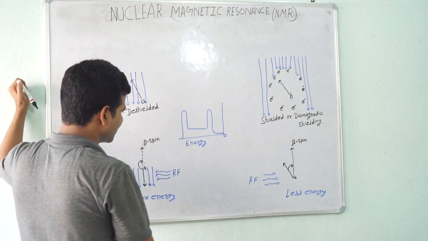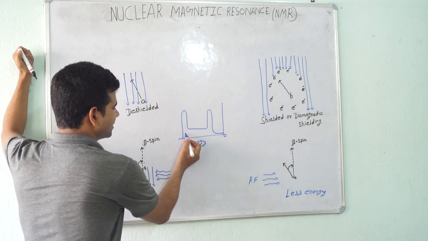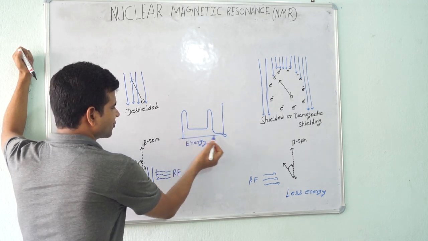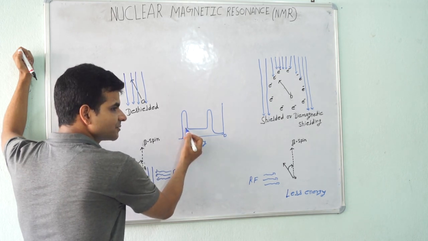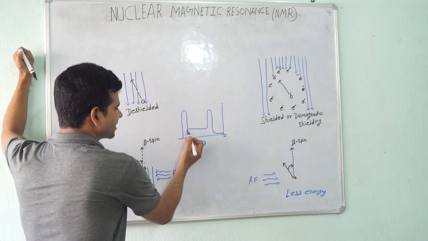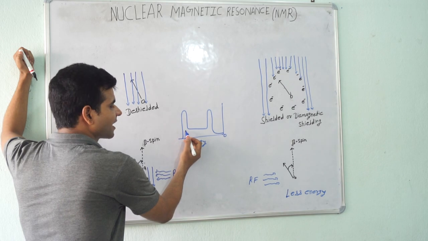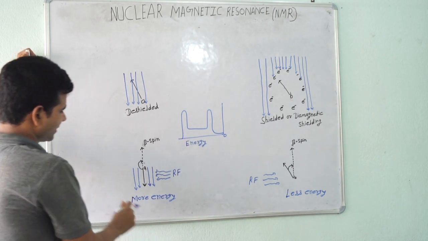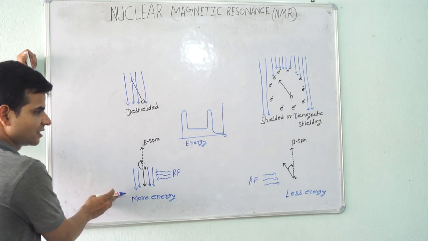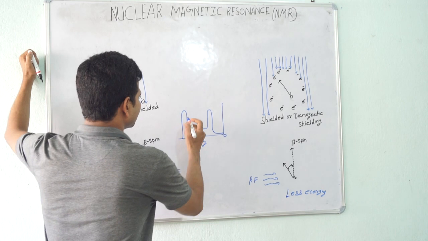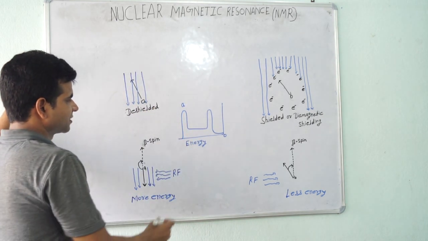This peak which is away from the 0 mark represents the hydrogen atom which has taken more energy to go into beta spin. I told you hydrogen atom A has taken more energy to go into beta spin, therefore this peak represents hydrogen atom A.